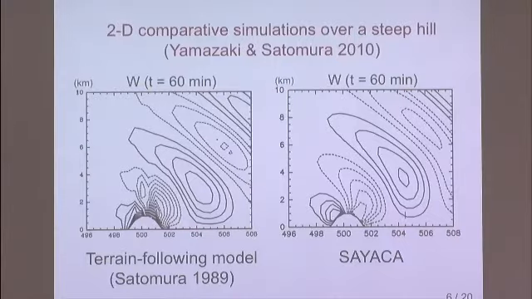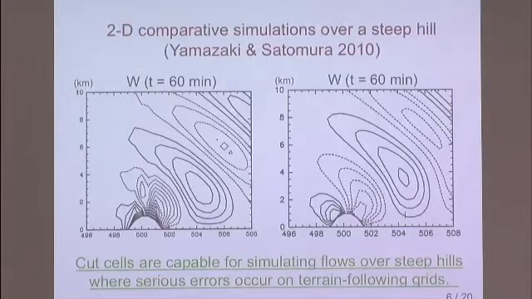Especially the spurious vertical velocity mode that appears just above the mountain disappears in the Cartesian model. Therefore, this test simply proves the advantage of Cartesian grids over the traditional terrain-following grids for simulating flow over steep topography.